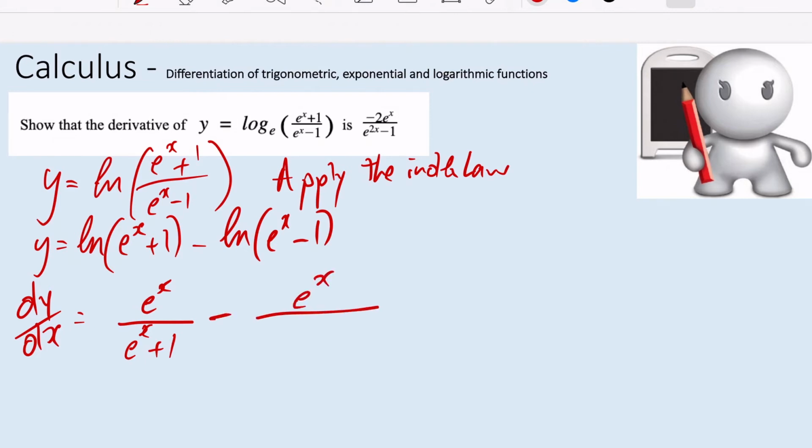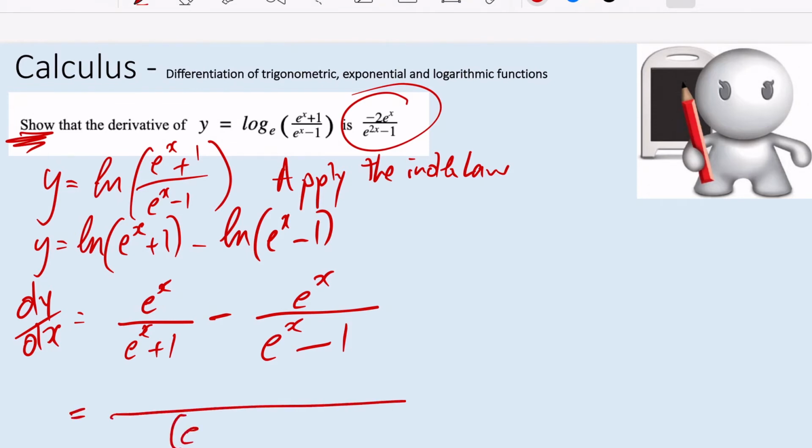And it's the same over here, e to the x over e to the x minus 1. Okay? Now, a show question, you need to start with what you've been given and then end up showing what they're asking you to show. So we're not quite there yet. All I've done is differentiate it. Now I must do a little bit more to get to what they're asking me to show.